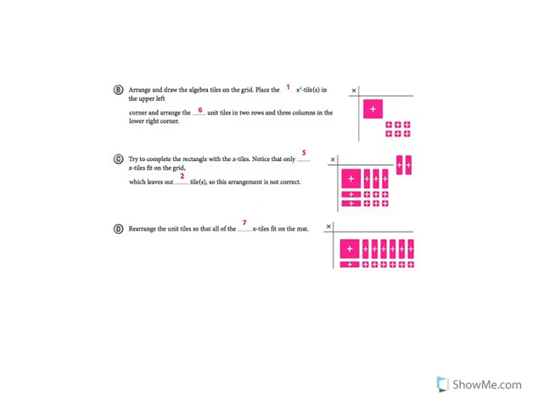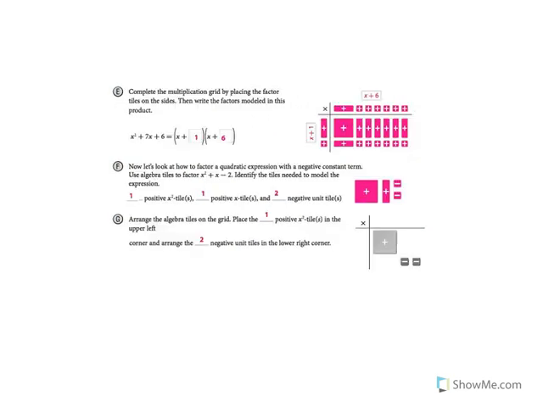Oh, this is the same one as before. Let's go on to the next one. Part B: complete the multiplication grid by placing factor tiles on the sides. Then rewrite the factor model as a product. This is the same example that I showed you before.